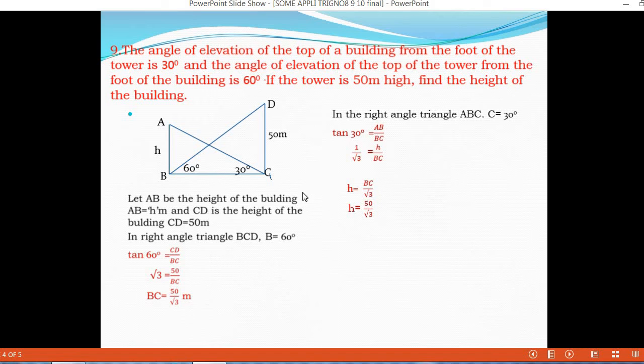Therefore H is equal to 50 by root 3 into 1 by root 3. So that is H is equal to 50 divided by 3 meter. So this is the height of the building.